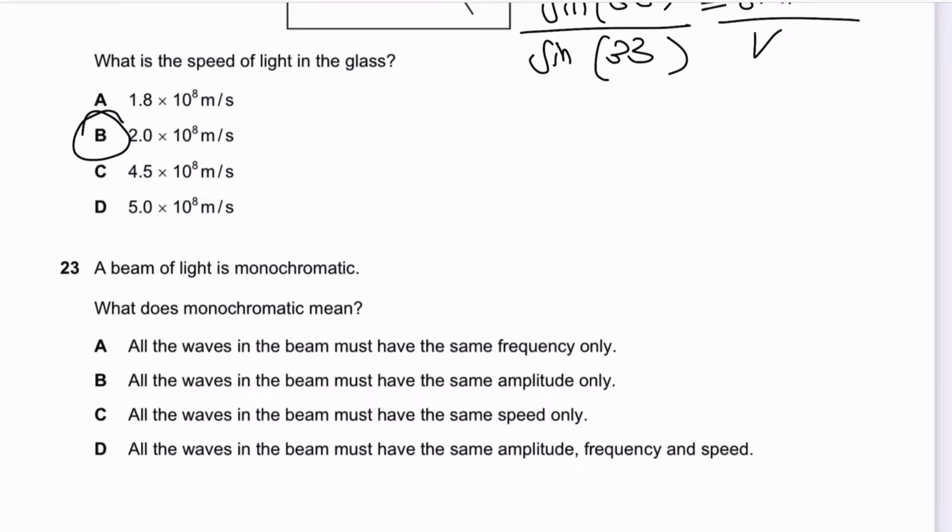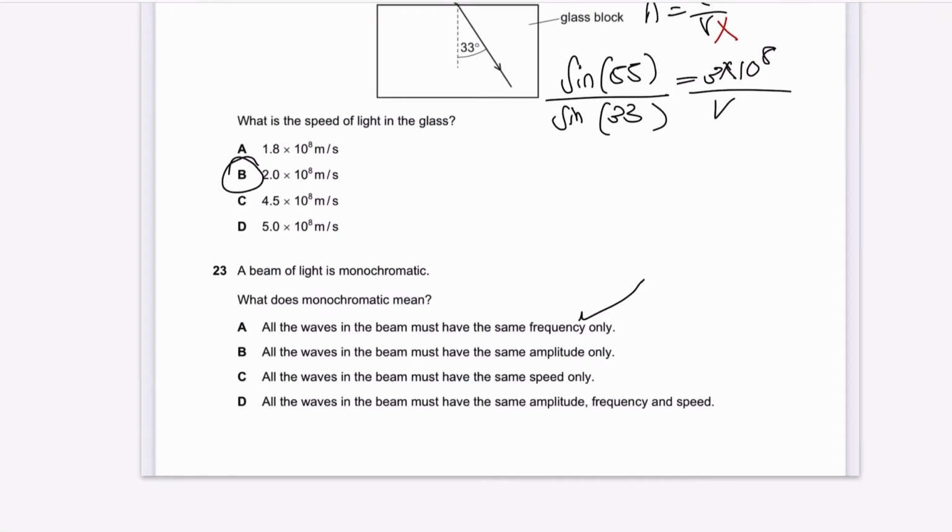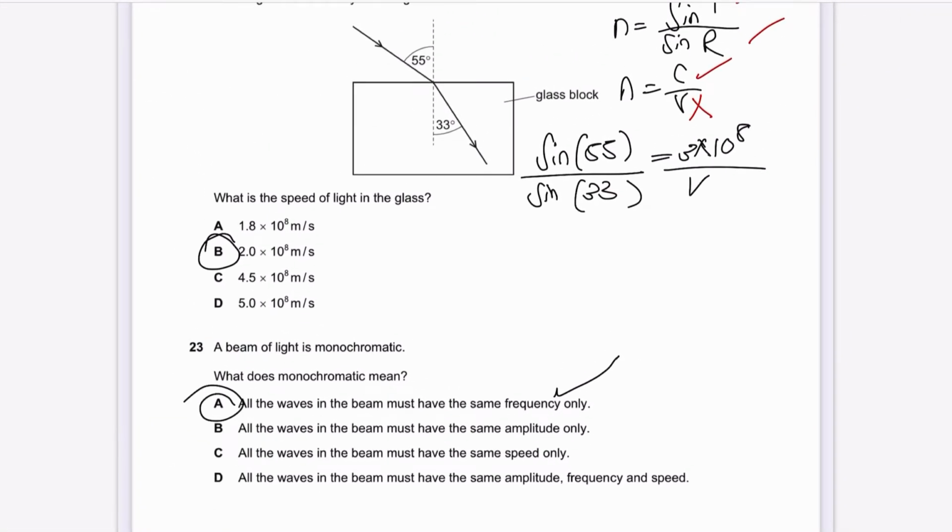That all the waves must have the same frequency only. Yes, that's correct, because frequency is related to energy and to lambda. Speed and lambda are not the same, they're different. However, frequency depicts its wavelength and its energy. So the answer for 23 is A.